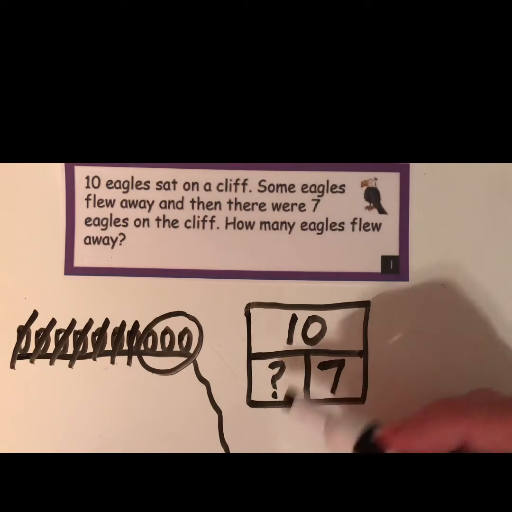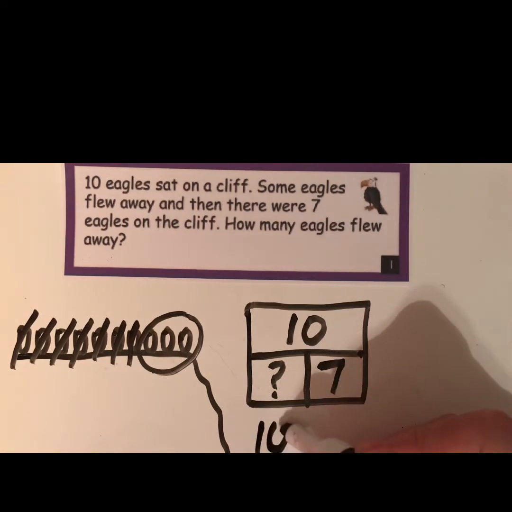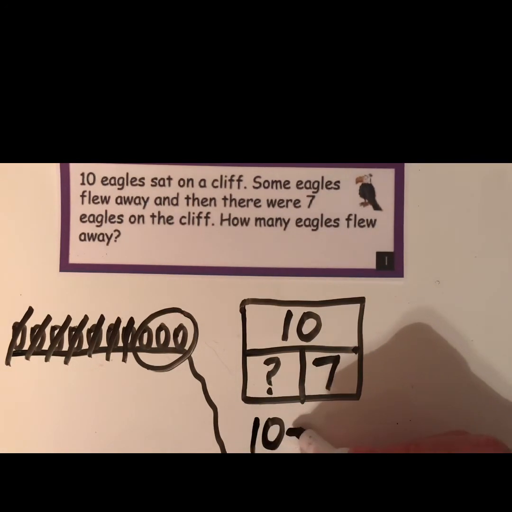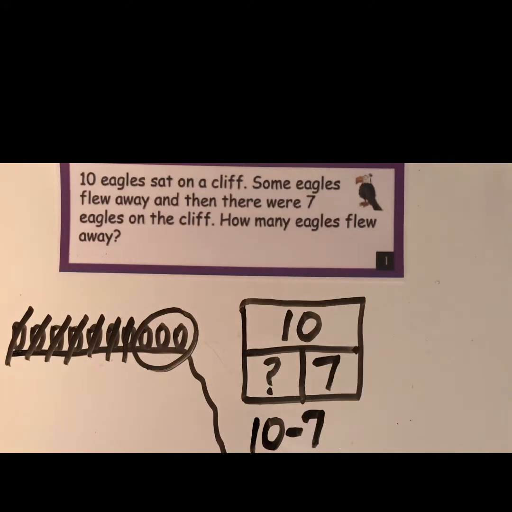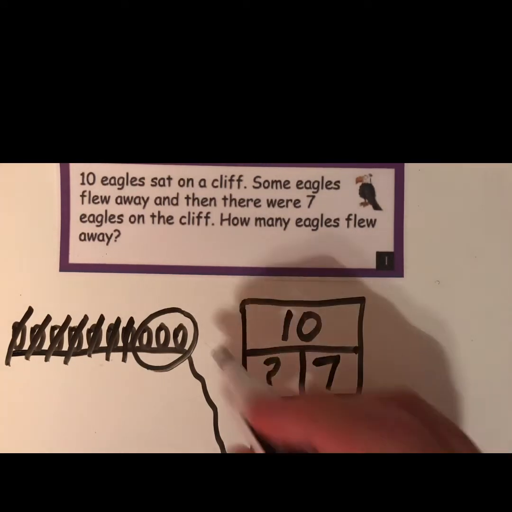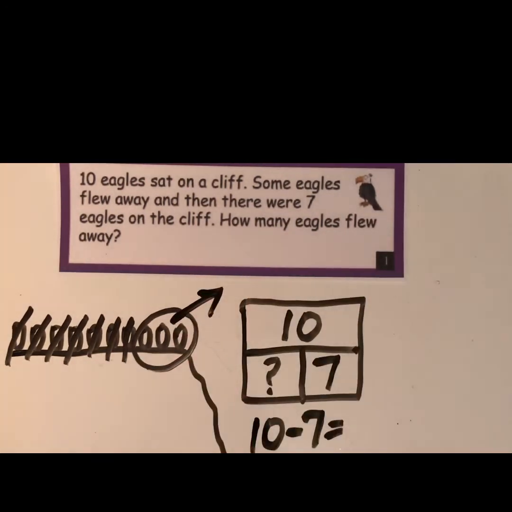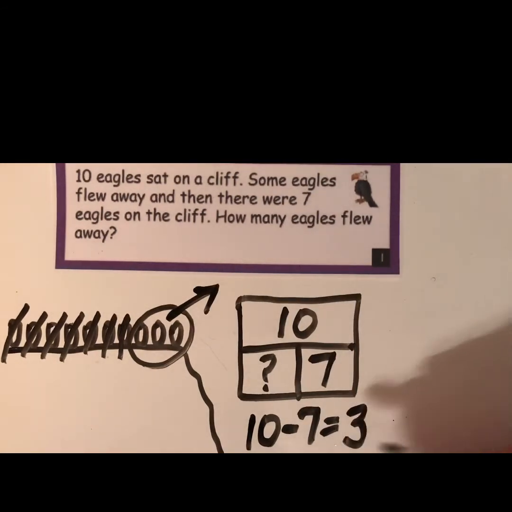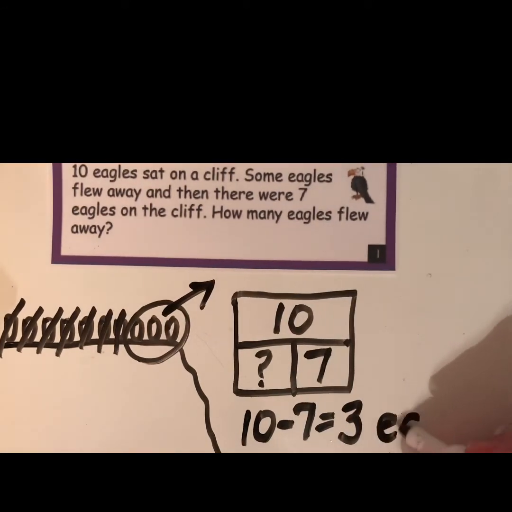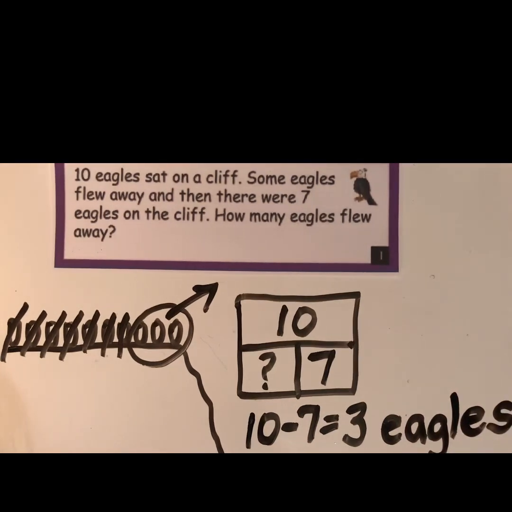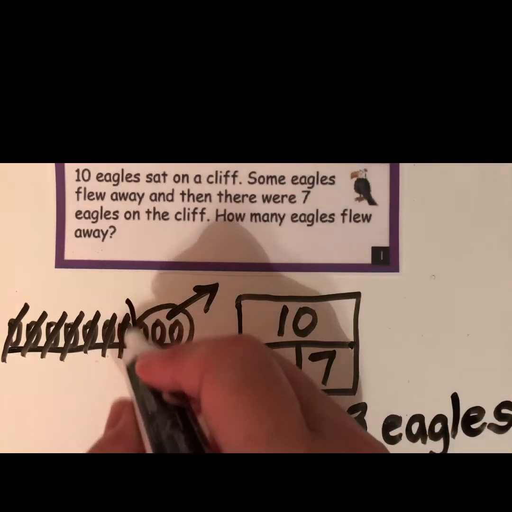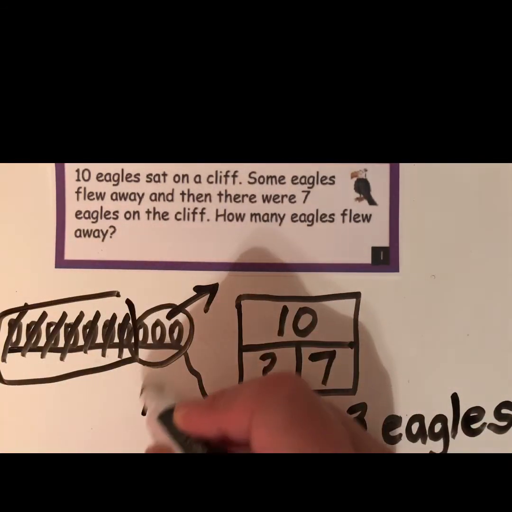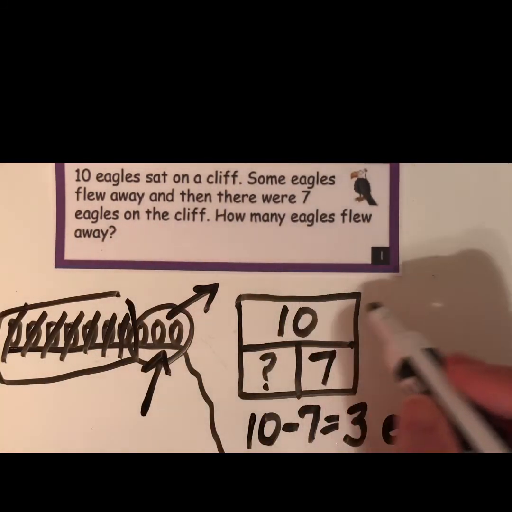So when we have a total, we need to subtract the part that we see. How many eagles flew away? 3 eagles. 3 eagles flew away. We have a part, and a whole.